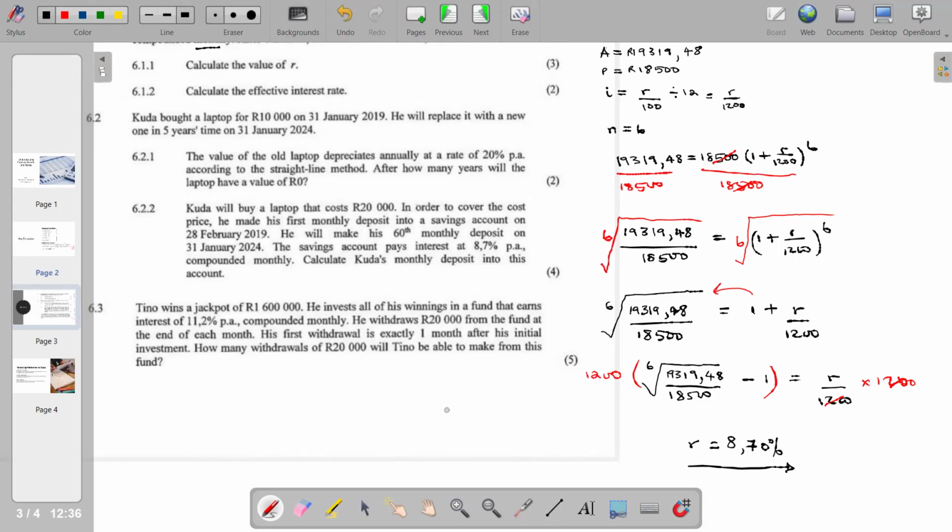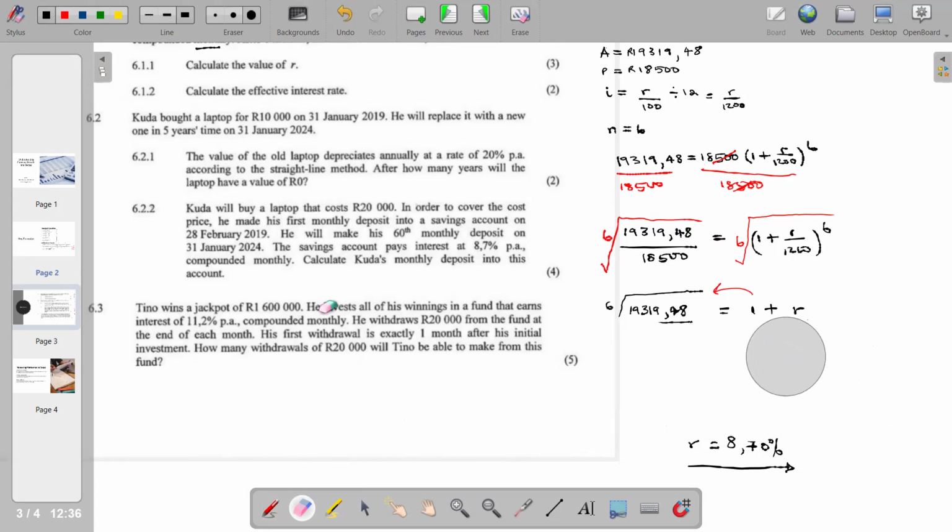Let's erase this part. We got our answer as 8.7. Let's take that.